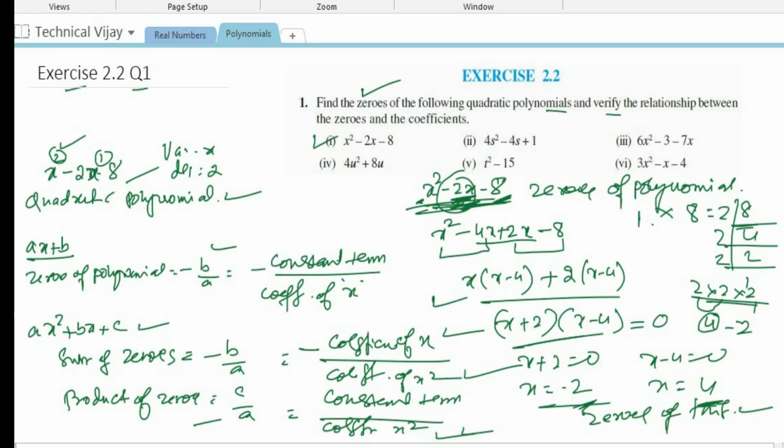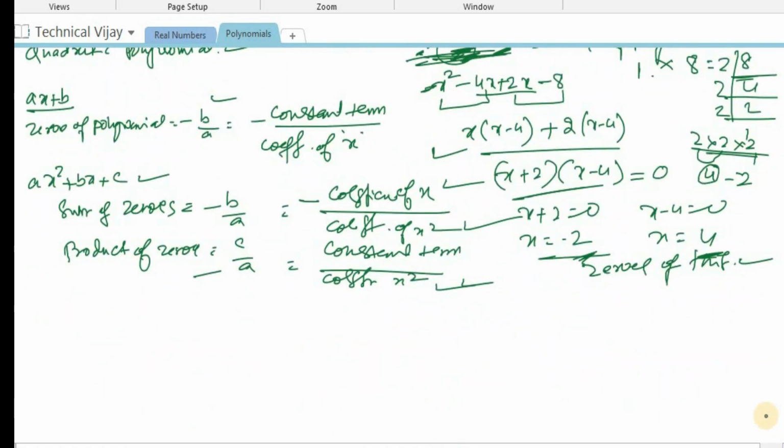The second part is that we have to verify the relationship between these zeros and the coefficients of this polynomial. We have seen the sum of zeros and the product of zeros formulas. In this equation, x square minus 2x minus 8, a is equal to 1, b is equal to minus 2, c is equal to minus 8.